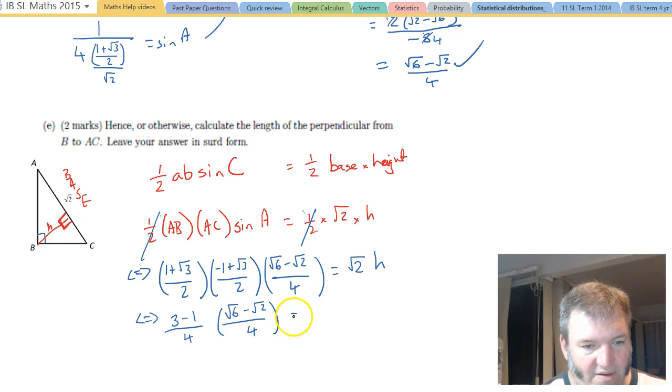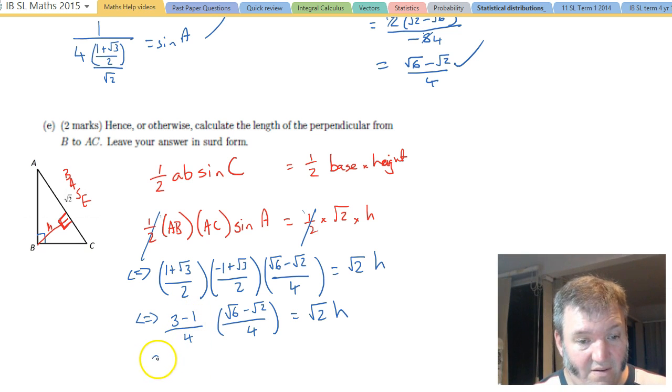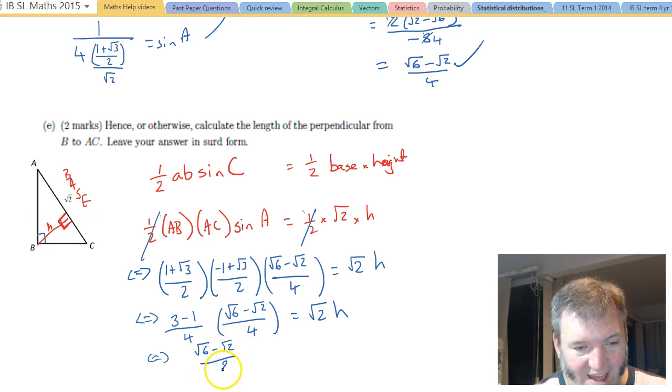I think we can see something that's going to happen here with this root 2 as well. Alright, 3 minus 1 is 2, 2 divided by 4 is a half. So now I'm going to have a half times this thing, root 6 take root 2 over 8 equals root 2 times H.